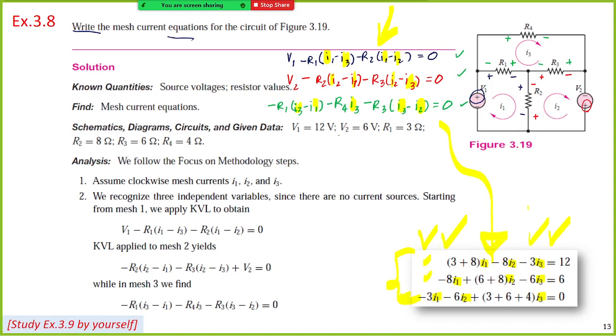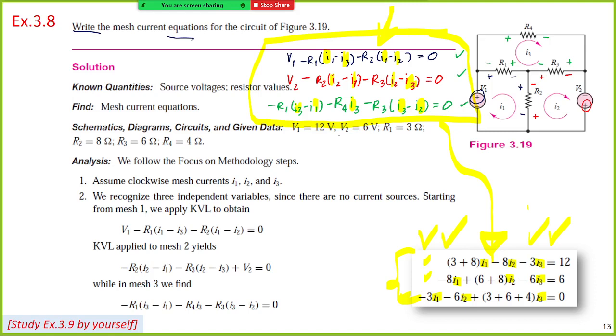So this is very important, to get the concept idea, right? To catch the concept, and with this concept you will be able to solve every circuit, right?